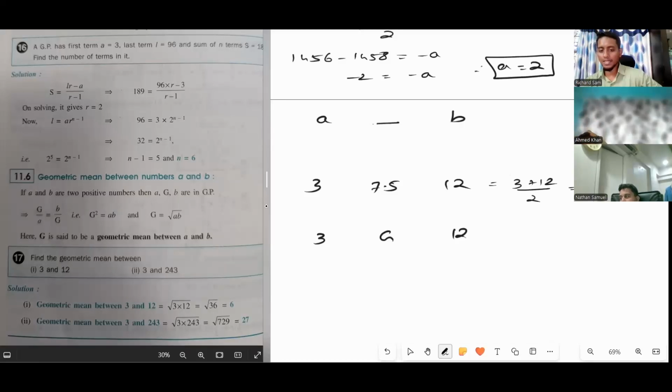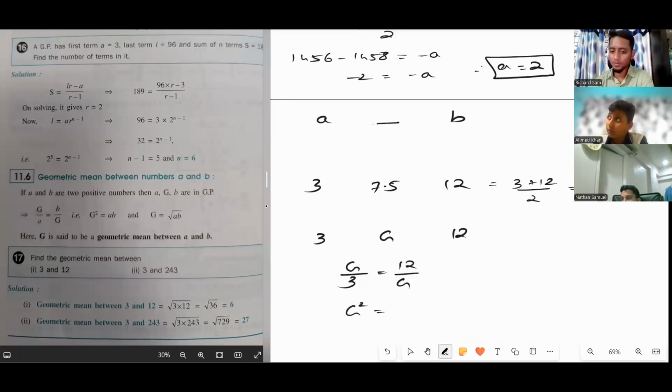What we know is that the ratio is the same between both. G upon 3 is the ratio, and it will be equal to this side's ratio also, which is 12 upon G. If you cross multiply this, you'll get G square is equal to 12 into 3.